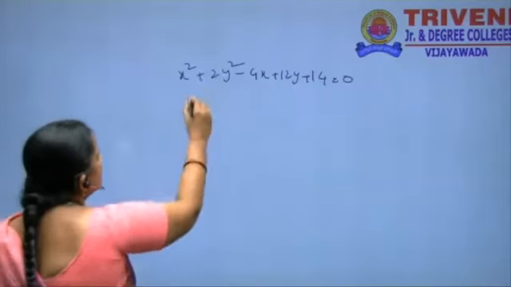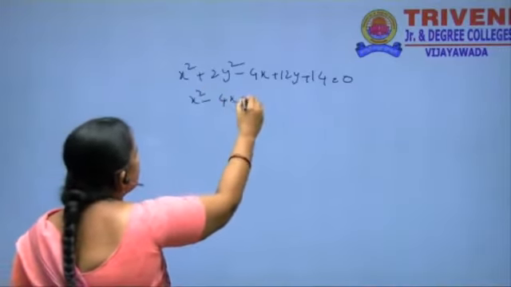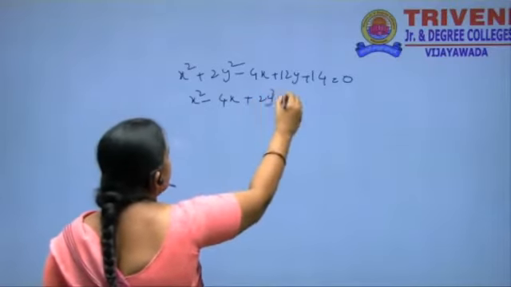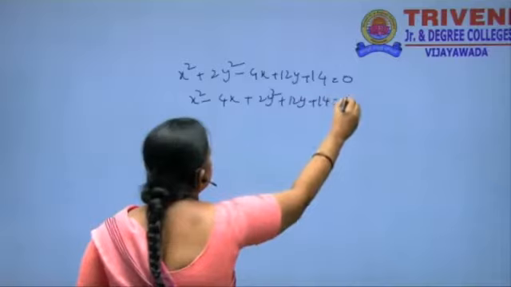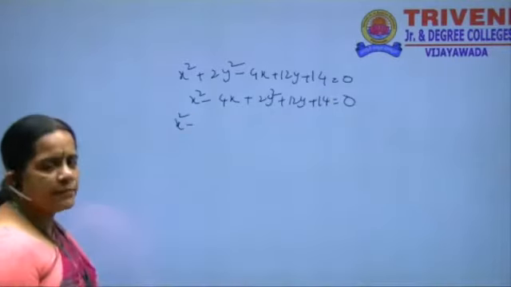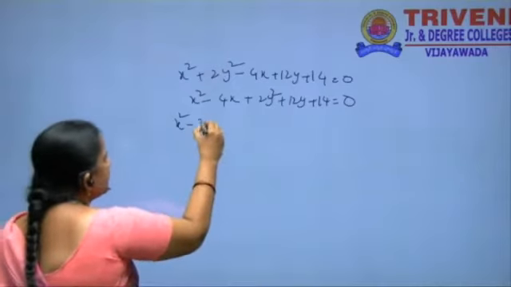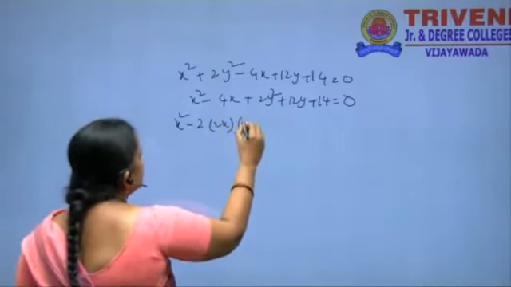Then we have to rearrange as x square minus 4x plus 2y square plus 12y plus 14. Here x square minus 4x can be written in a square minus 2ab form, that is 2 into 2 into x.